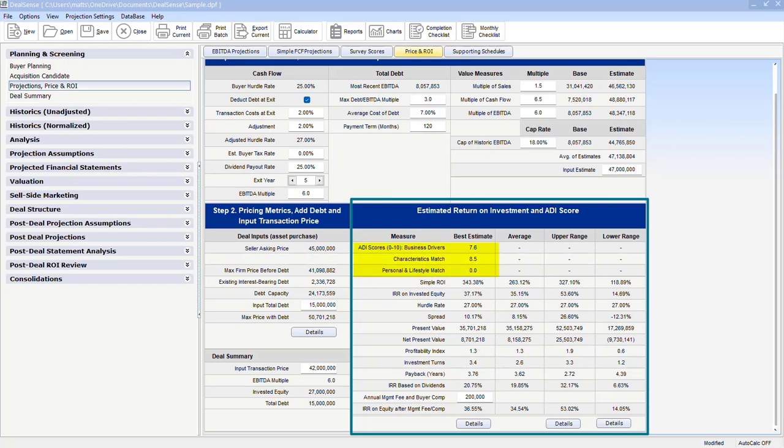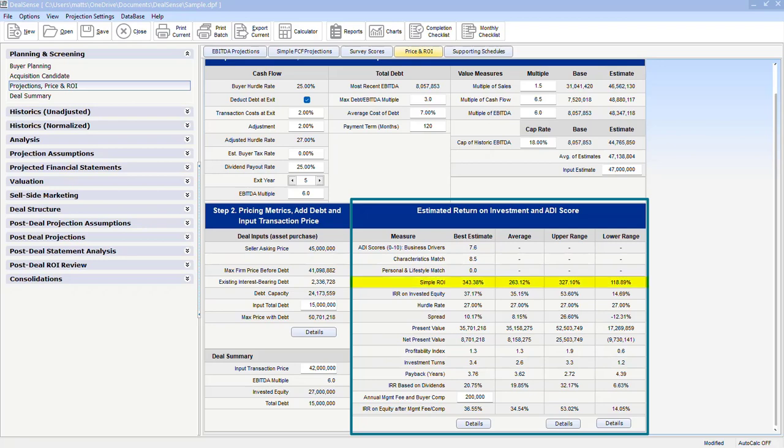The ADI score is displayed for business drivers, characteristics, and lifestyle factors. The surveys were based on a scale of 1 to 10, so a higher score means a stronger match. This scorecard also provides financial ROI metrics for each of the 3 projection scenarios: best estimate, upper/optimistic, and lower/pessimistic.